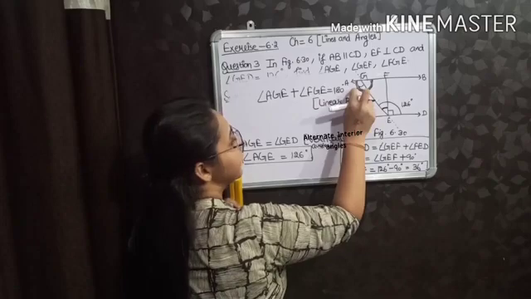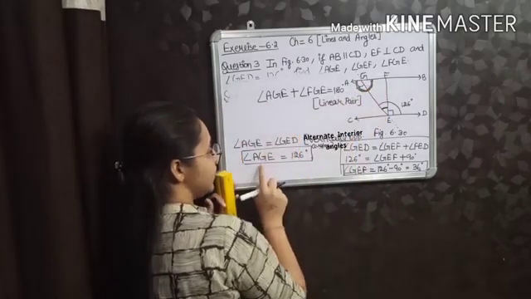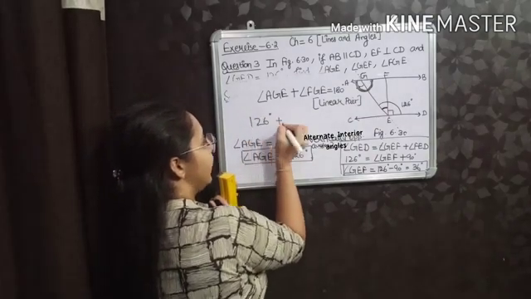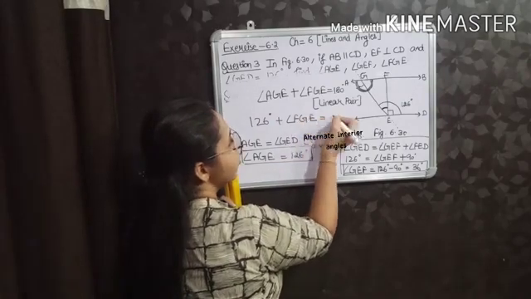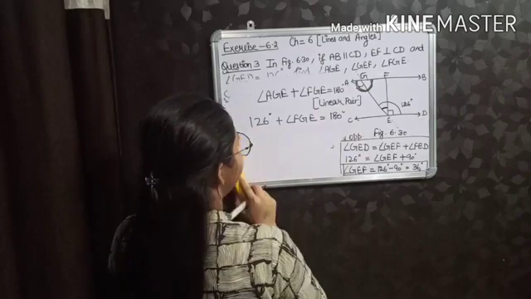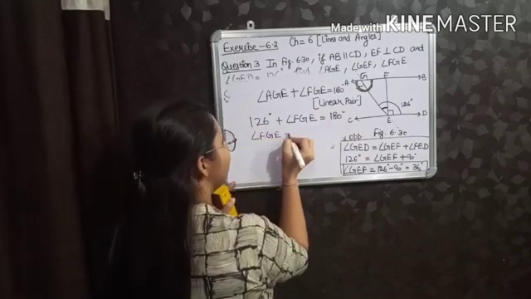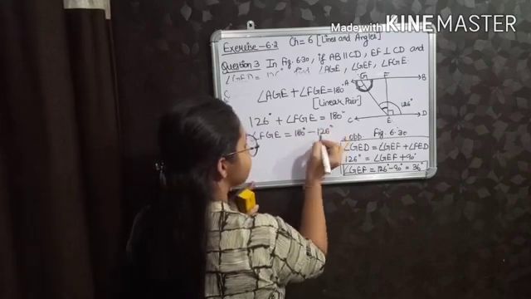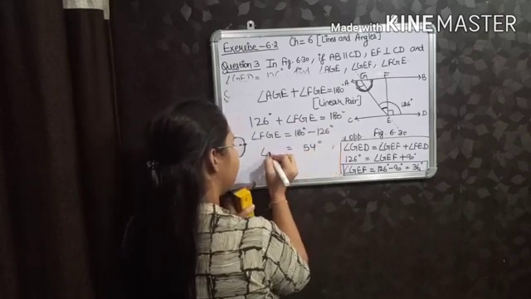This angle plus this angle is equal to 126 degree. Now what is angle AGE? AGE is 126 degree plus angle FGE. It is equal to 180 degree. Now you can find the value of FGE. So FGE is equal to 180 degree minus 126 degree, and that will be 54 degree.